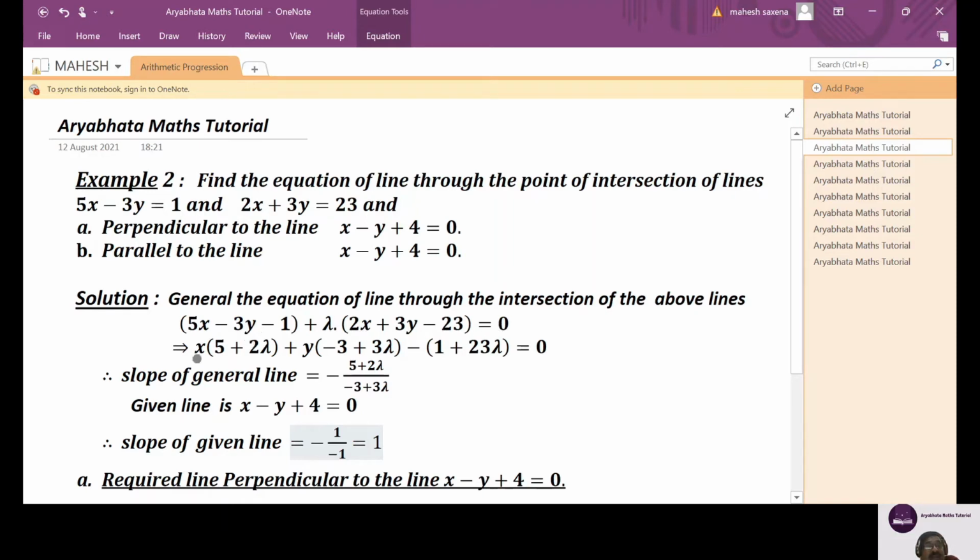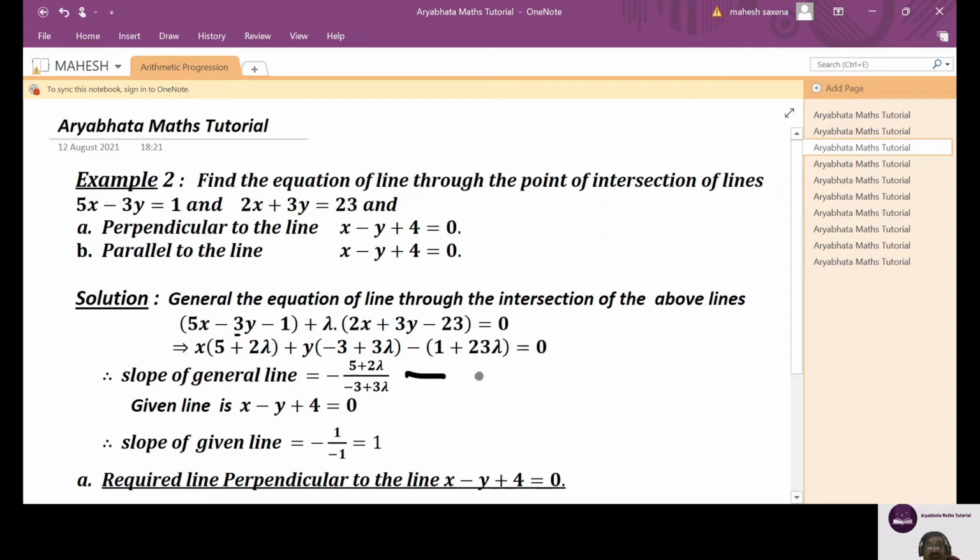It can be written as x(5 + 2λ) + y(−3 + 3λ) − 1 + 23λ = 0. Therefore, the slope of this line can be written as minus the coefficient of x upon the coefficient of y, that is −(5 + 2λ)/(−3 + 3λ).